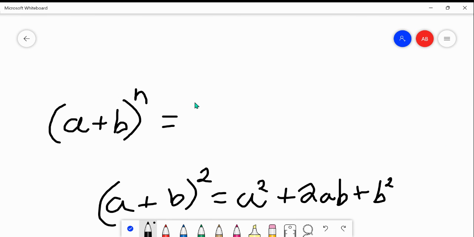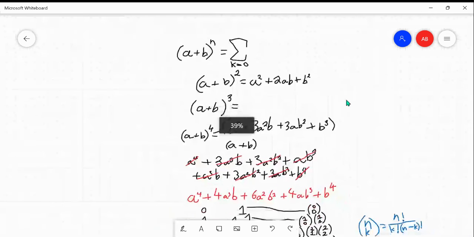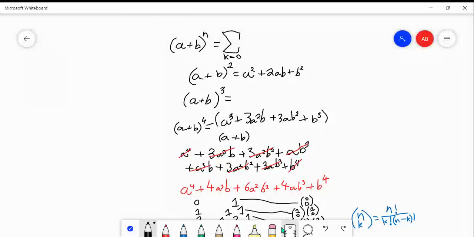Right here, it's going to be sigma. The general term is, so not the general term yet. So k starts off at 0. I've got a nice idea. I'm just going to zoom out here real quick and swap to my eraser.